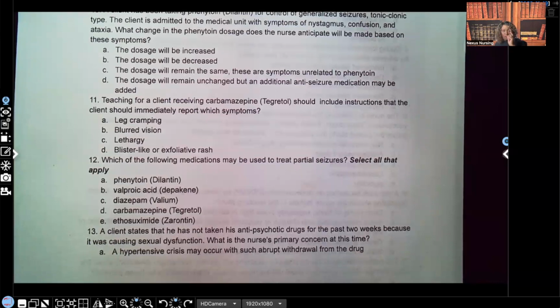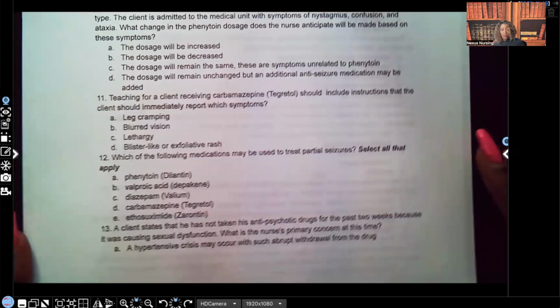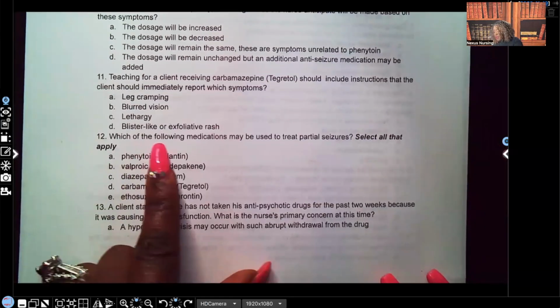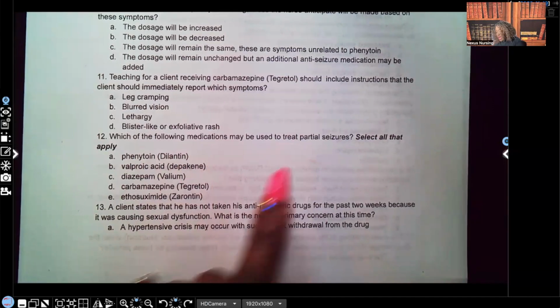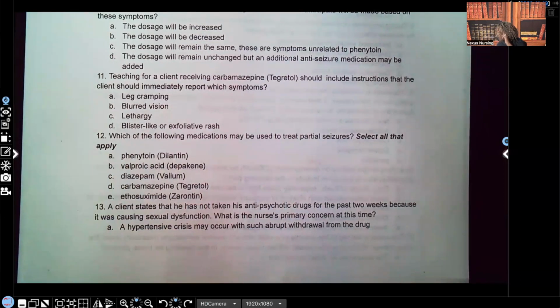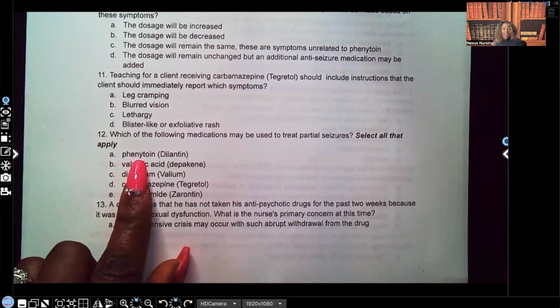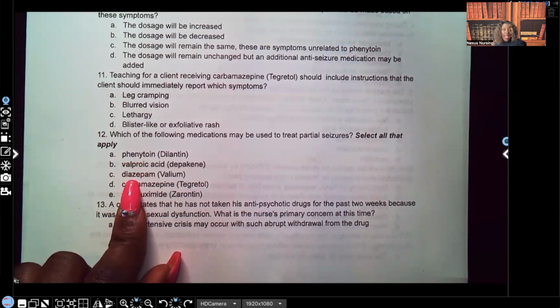So last time we finished up number 11. We're going to start on number 12. Let's take a look. It says, which of the following medications may be used to treat partial seizures? Select all that apply. And so, guys, how do we treat select all that apply? We treat them as true or false. A, Dilantin, absolutely true. B, valproic acid, that's your Depakene, absolutely true. C, diazepam, Valium, false.